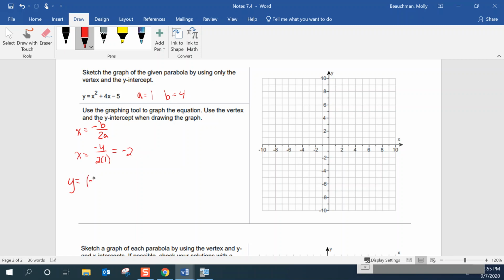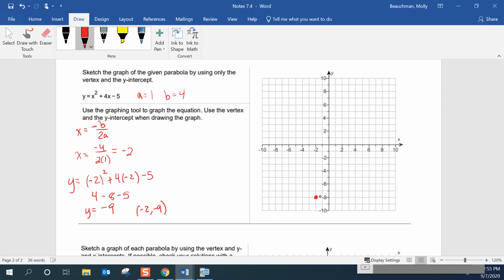So y equals negative 2 squared plus 4 times negative 2 minus 5. Remember to put parentheses around negatives when you substitute. Negative 2 squared is a positive 4, minus 8 minus 5, and we end up with a y-coordinate of negative 9. So negative 2, negative 9 is our vertex.